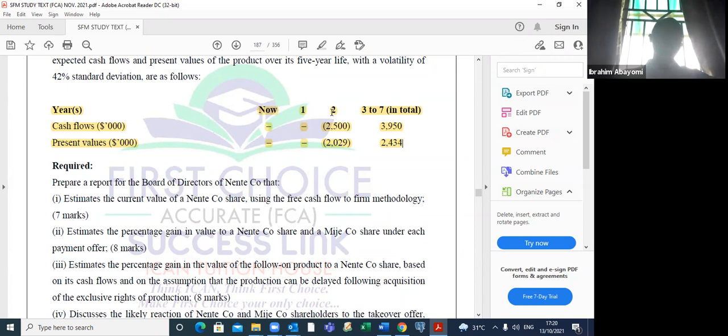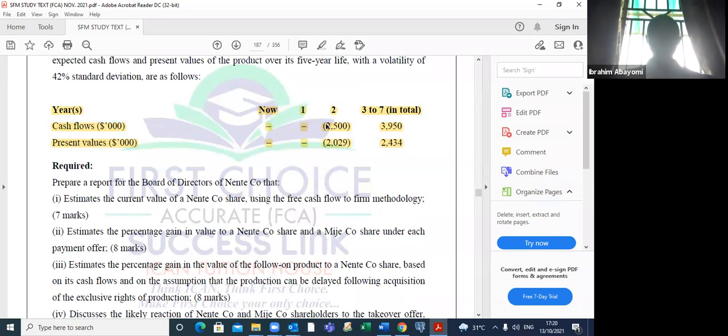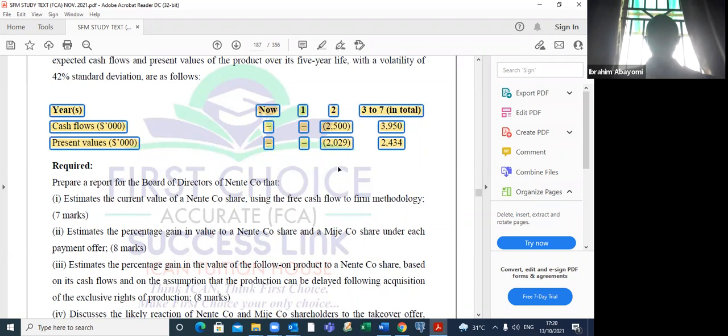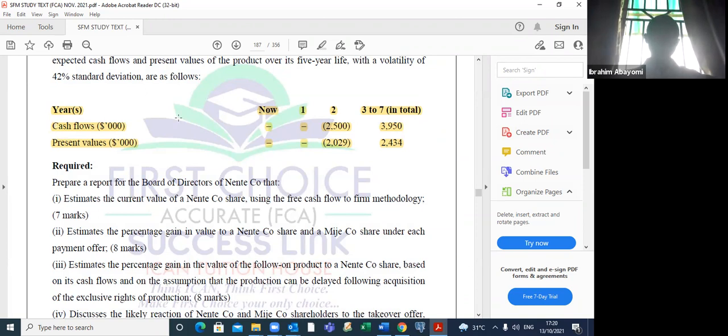Okay, so I have the right to delay. That is the reason why you are seeing nothing in year 1. Because now, the cash flow here, we are not committing any fund to it now. We are going to start manufacturing this product in year 2.